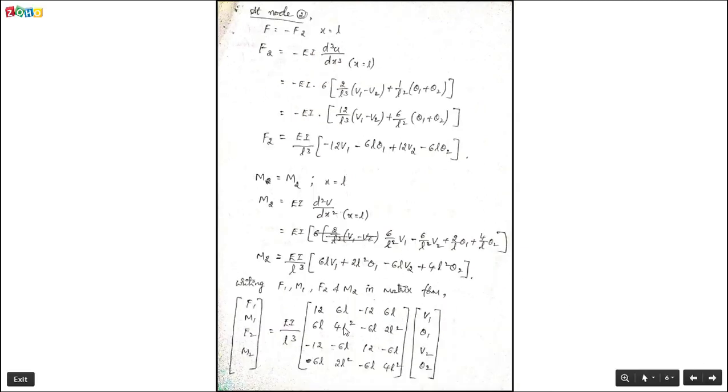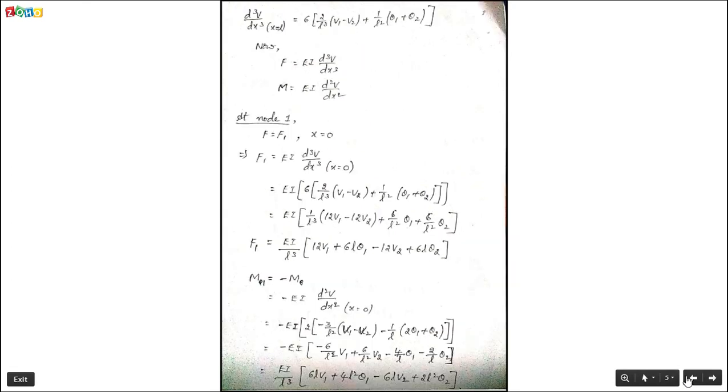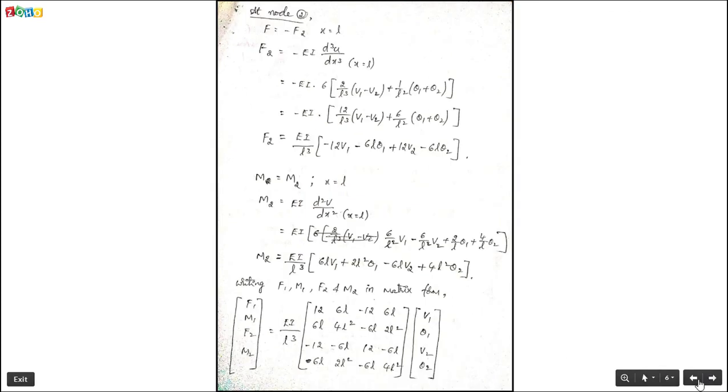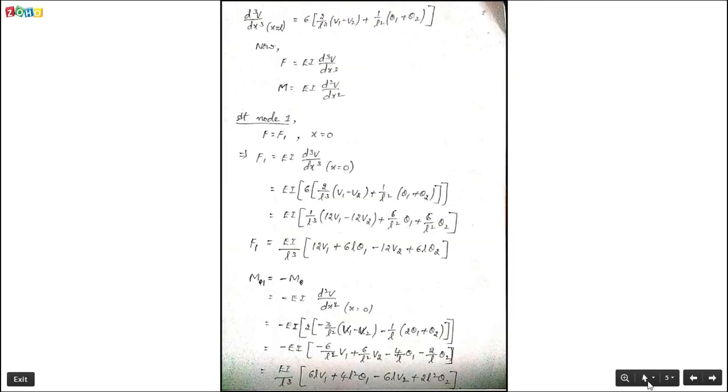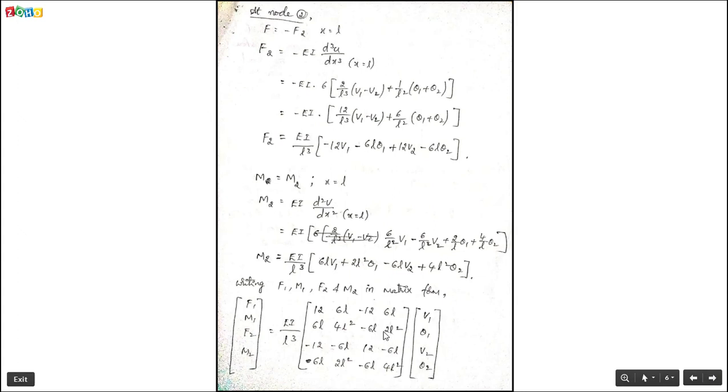And what is the M1 value? 6L, 4L square, then minus 6L, 2L square. Again, what is the F2 value? Minus 12, minus 6L, 12, minus 6L. What is the M2 value? 6L, 2L square, minus 6L, 4L square. This is the force matrix, this is the stiffness matrix, and this is the displacement matrix.